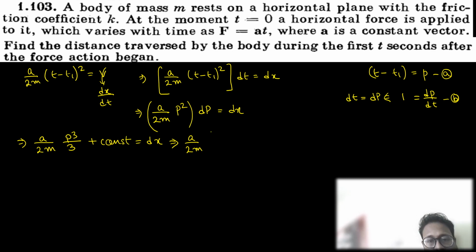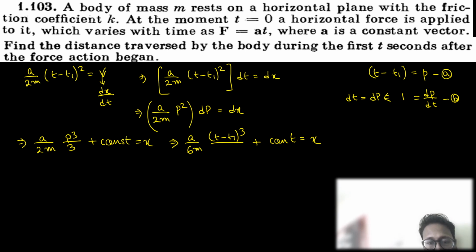See, a by 2m into t minus t1 whole cube by 3 plus some constant is equal to x. Here it won't be dx, it would be x, since integration of dx is nothing but x. Now 3 into 2 multiply and we get 6.